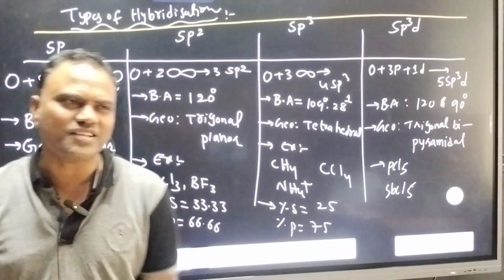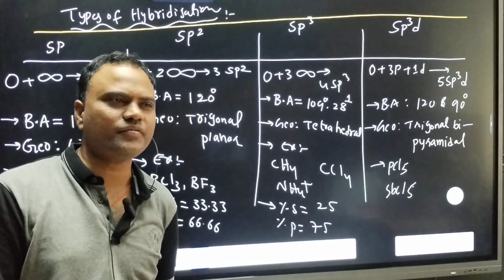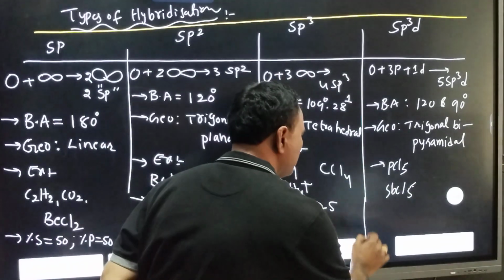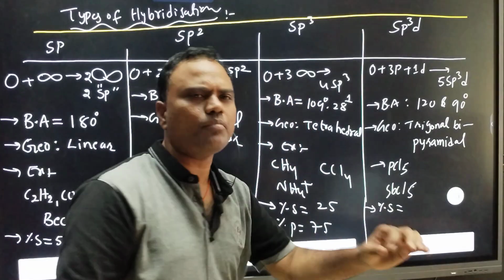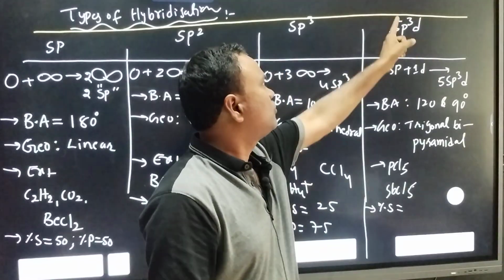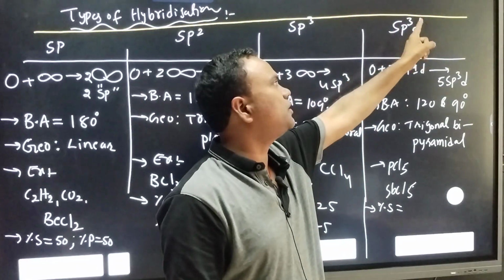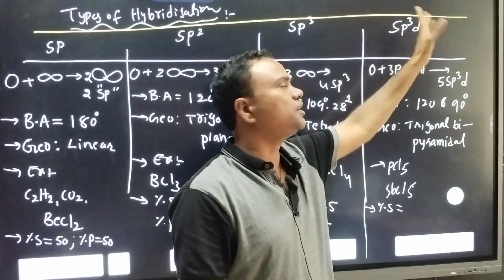How can we find percentages? Very simple. If you don't know, apply simple mathematics. Total, how many orbitals are there? 1 plus 3 plus 1, total 5: 1 s orbital, 3 p orbitals, and 1 d orbital.